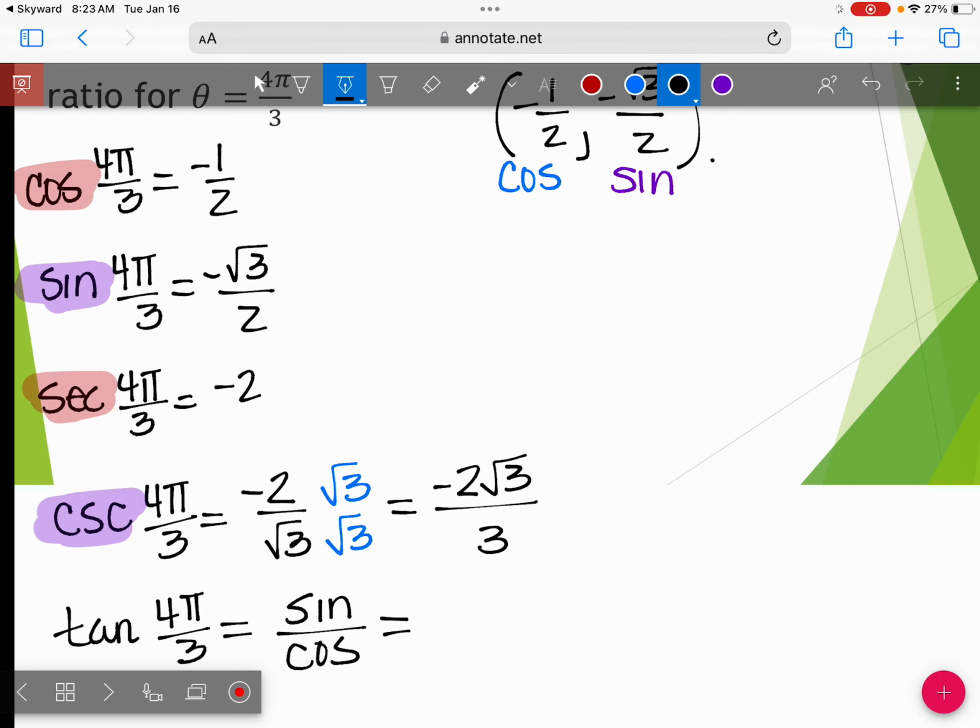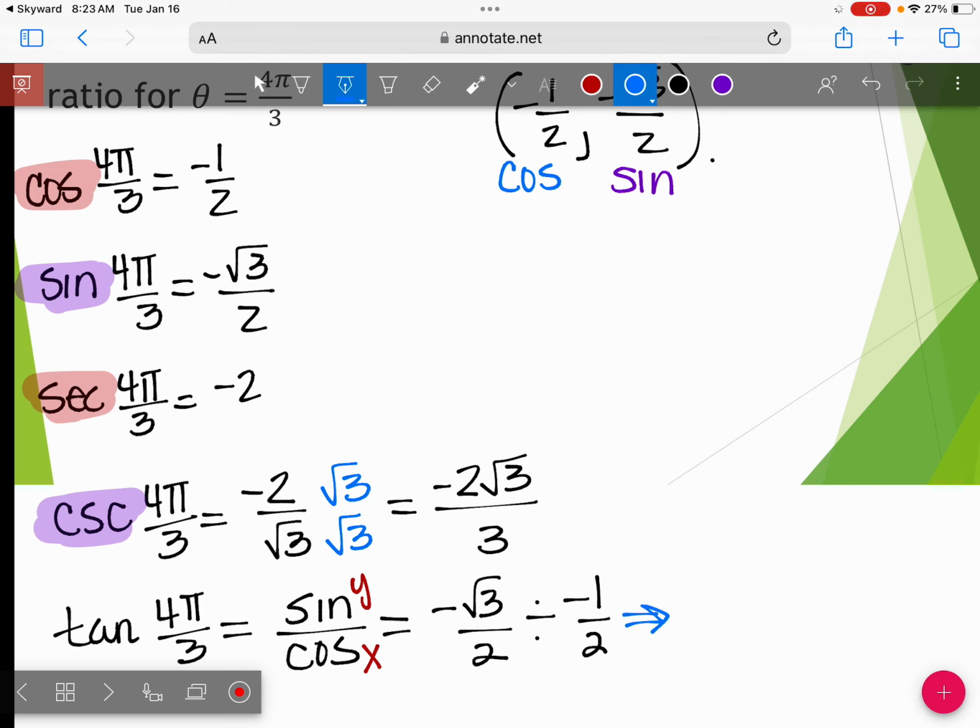That's how you find tangent. That's the definition of tangent. Tangent is sine divided by cosine or y divided by x. So I'm going to take my sine, which is -√3 over 2, and I'm dividing that by cosine, which is -1/2.